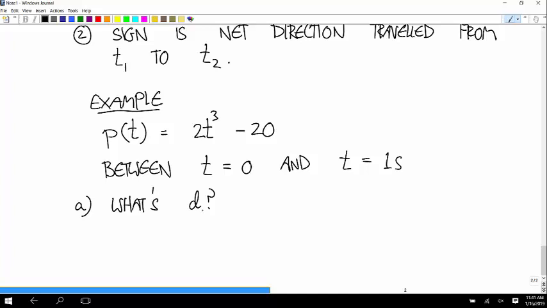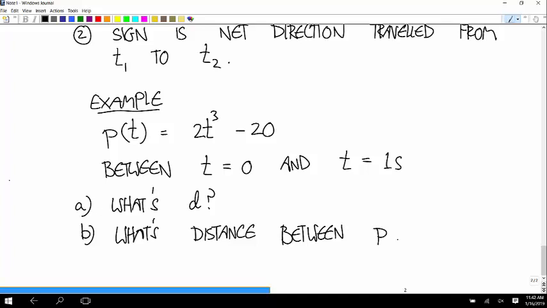The second one is, what's the distance between the position at 0 and the position at 1 second?